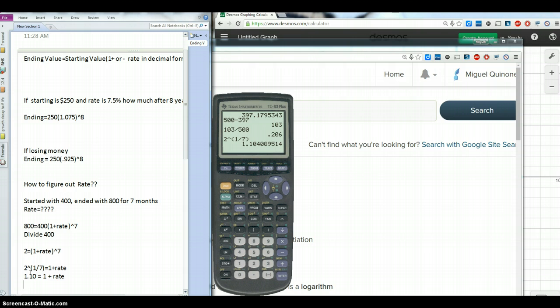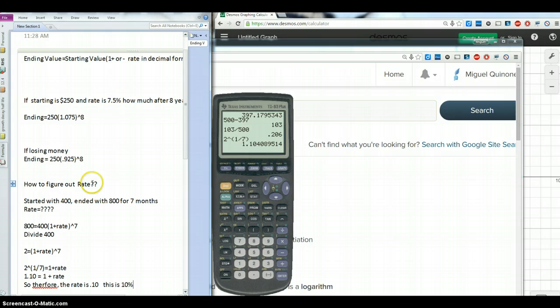So therefore, the rate is 0.10. Because look, $1 plus what is $1.10? Well, that's got to be 10 cents. And this is 10%. So it'll take you 10% for that.